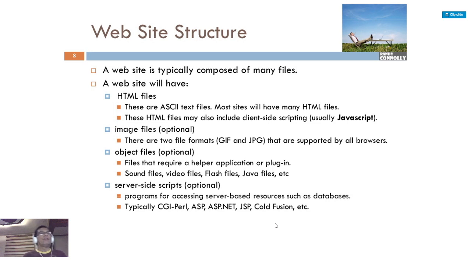A website can also contain object files. So these are files that require a helper application or plugin. Examples of these are sound files, video files, Flash files, Java files, etc.